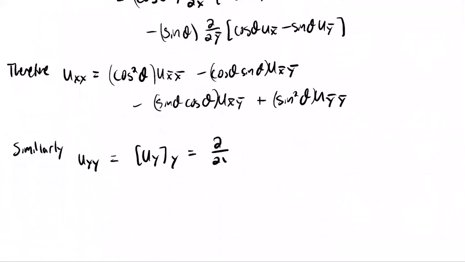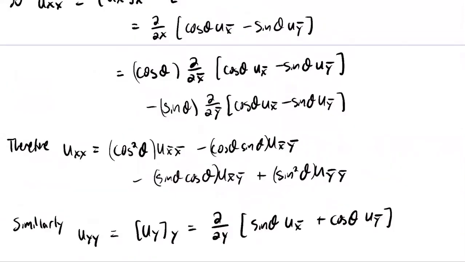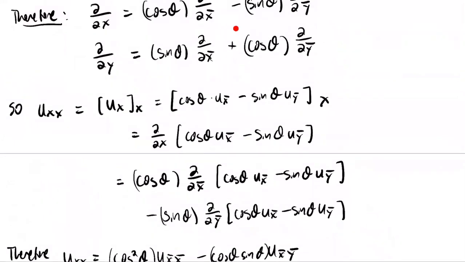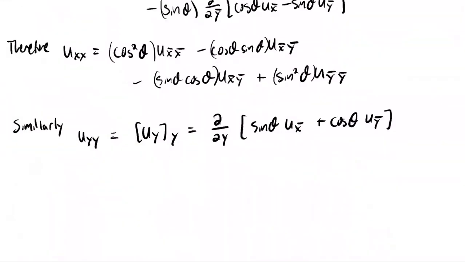So this is d dy of that. And now I'm going to replace the derivative with respect to y using our formula by derivatives with respect to the new coordinates in this way.